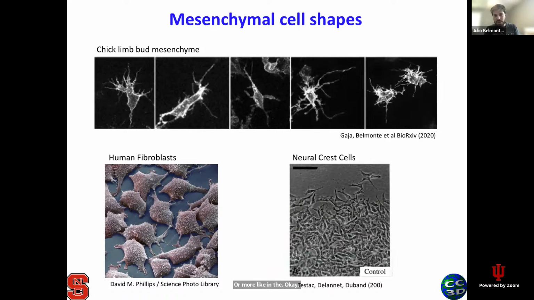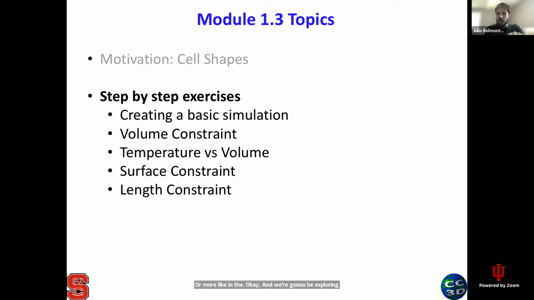So now we're going to go to our step-by-step exercises. The first one is to create a basic simulation with a single cell, and we're going to explore how each one of those energy constraints or property constraints can influence the shape of the cell, and what happens if you change one parameter to be higher or lower.